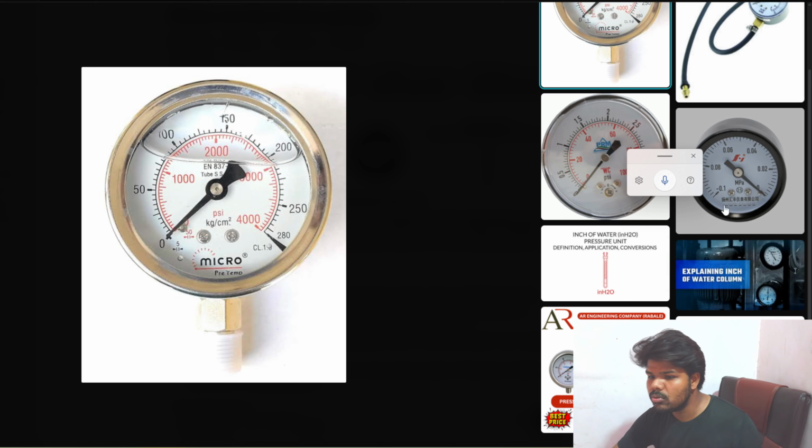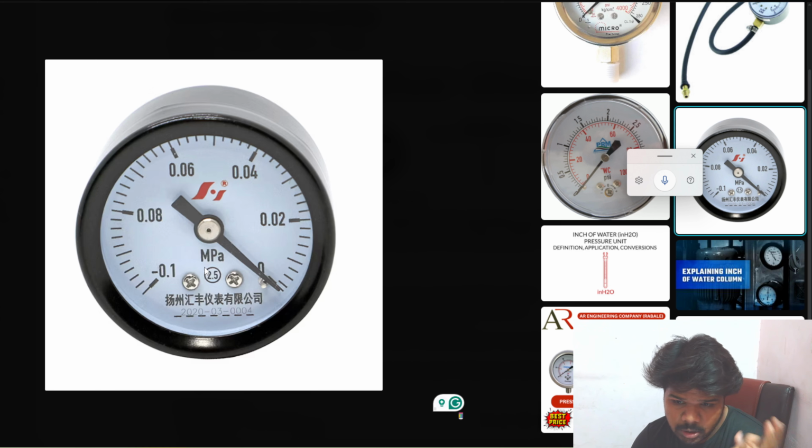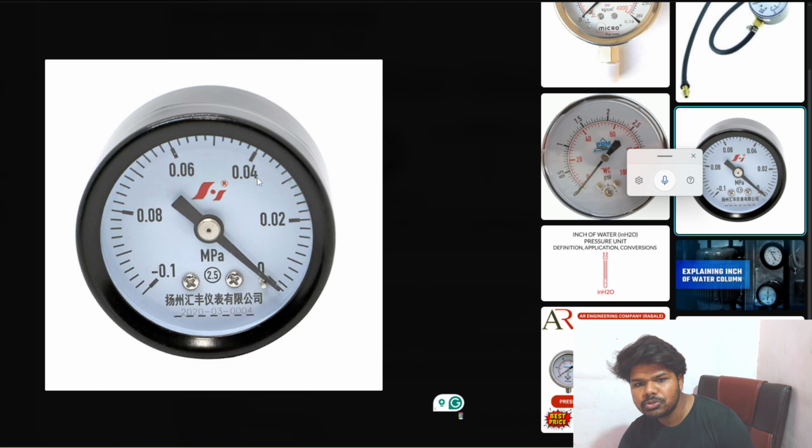This one is showing the pressure in megapascal, megapascal में दिखा रहा है, but you have to convert to pascal or atm or bar or kg per centimeter square. You have to know about it, okay, but just you have to see.